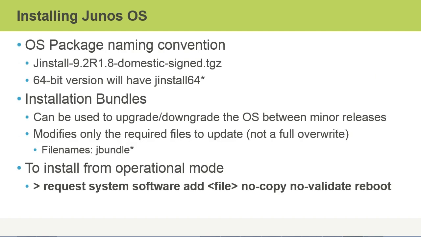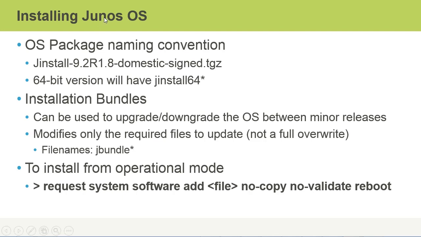When you go to the Juniper support site and download those operating system package files, the OS packages, they have a standard naming convention. You can see here on the slide that the naming convention starts with the component that you're installing. So here, the Junos OS will typically start with jinstall. If you are looking to install the 64-bit version, it'll have jinstall-64.